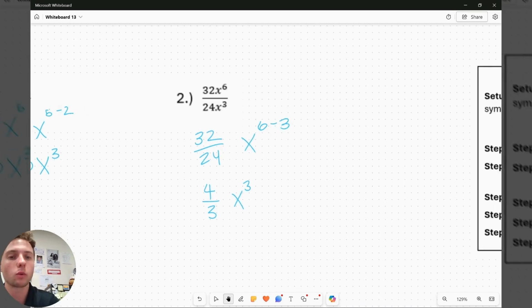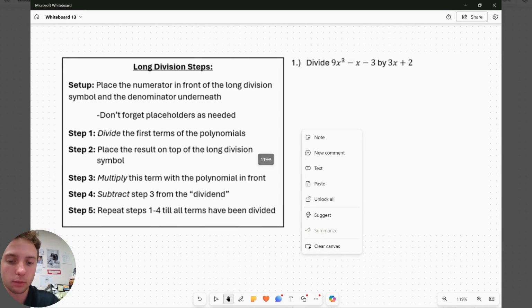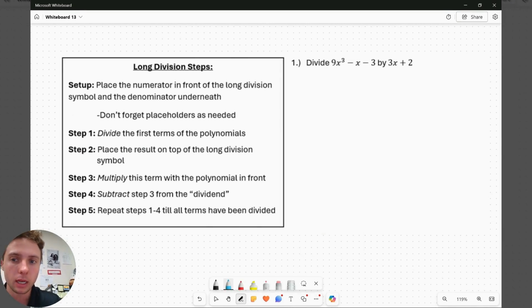This idea we will be using as we go through an entire long division problem now. Long division has a lot of steps. This process does take a little while, but we're going to make sure we go through it. We'll show each of the steps. First thing we have to do is set it up. There is a typo in my notes over here.